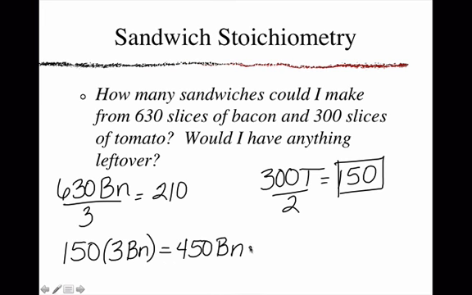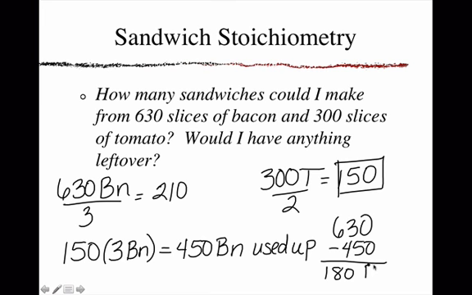So I have 450 bacons that are going to be used up making those sandwiches. I had 630 slices. I used 450. So that means with the bacon, I'm going to have 180 strips of bacon left over.